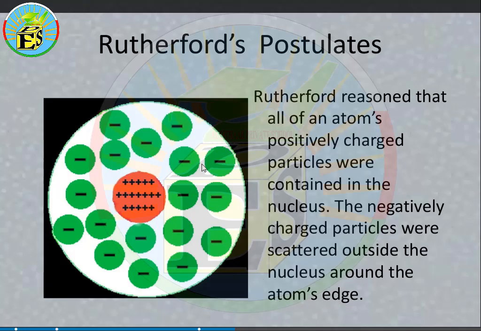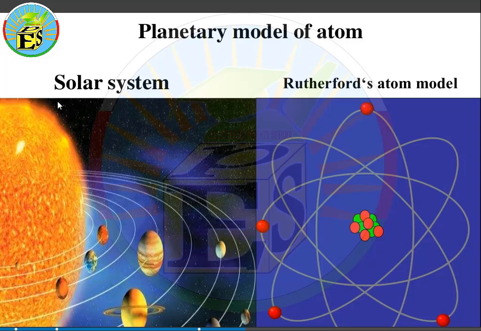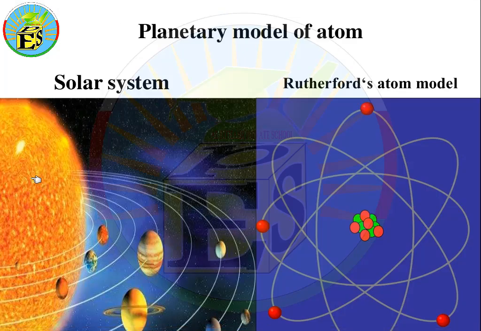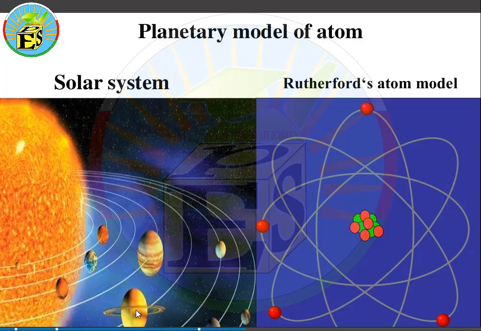It means the negative charge is at the edges of the atom, but the positive charge is concentrated in a nucleus inside. Planetary model of atoms, like a solar system. This is the solar system. So this is the sun, representing the nucleus of the atom, and these are planets, representing electrons. Rutherford atom model.